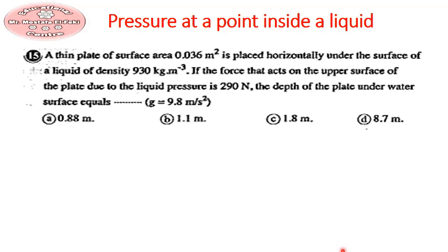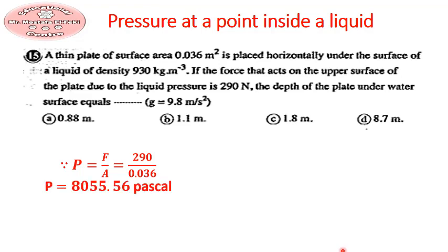A thin plate of surface area 0.036 meter square is placed horizontally under the surface of a liquid of density 930 kilogram per cubic meter. If the force that acts on the upper surface of the plate due to the liquid pressure is 290 Newton, so the depth of the plate under the water surface is: at the first, pressure equal force divided by area.